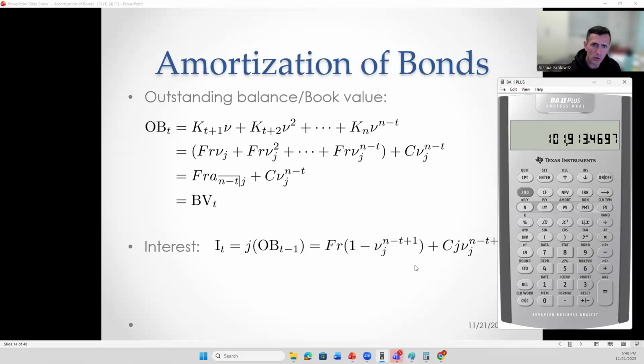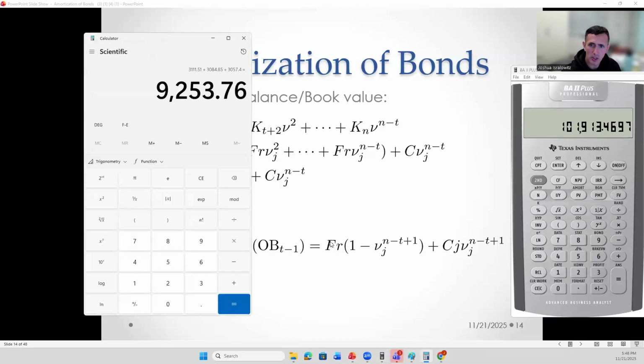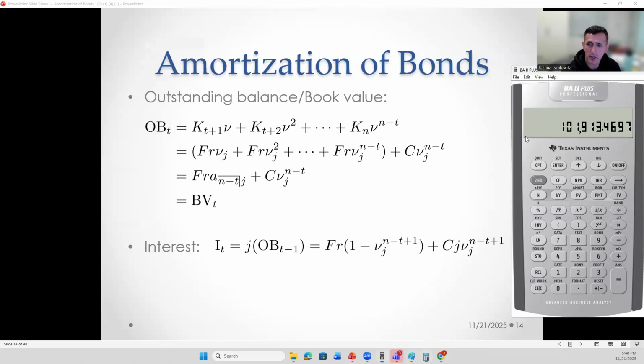Okay, so for interest owed, plug and chug here. Again, FR is 4,000. It might be worthwhile to get this here, save it. So this plus 1, raise this to the third.